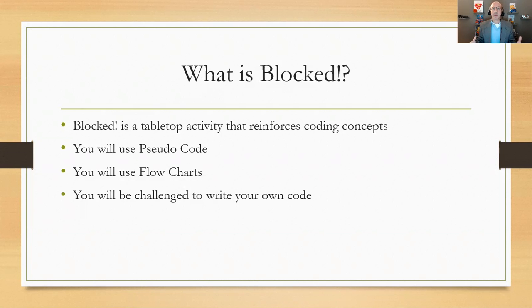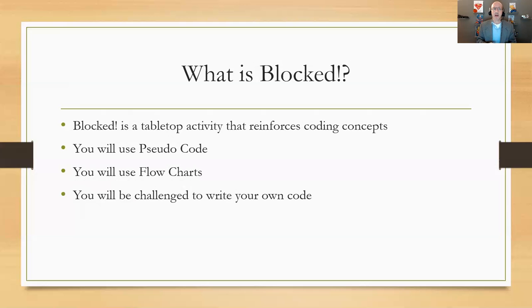Once we have the idea of what should occur, we want to put it into a structured format, and we call this a flow chart. A flow chart shows us in a visual way how the code should go: what happens first, what happens second, what happens third, and so forth.